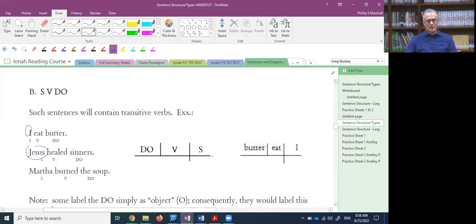We would diagram these in this way. The first part is exactly the same as the SV sentence, but what we're doing is we're simply adding, right? The direct object, you will draw a line that stops on the baseline here. Does not go through, doesn't intersect, and then the direct object will be to the left of the verb.